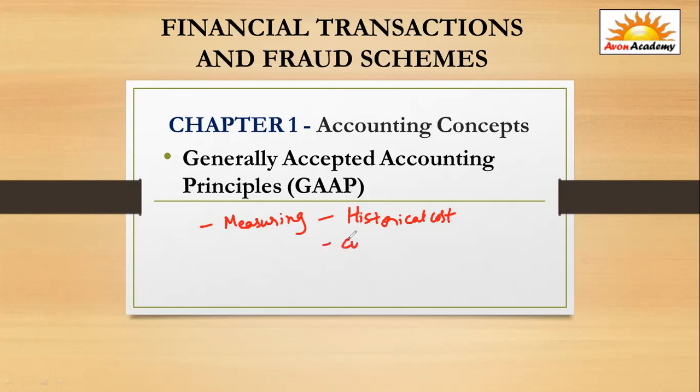Next, current cost. Because this is going to help you in pricing the particular product. Then you have the realizability. How much it is going to fetch you in the market if I'm going to sell it. There's a realizable cost, or we can say settlement value, or residual value.